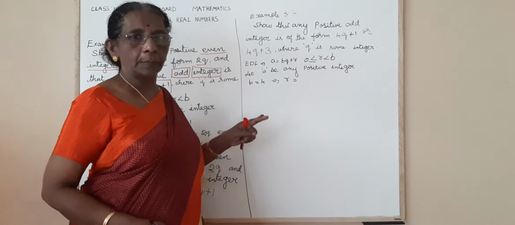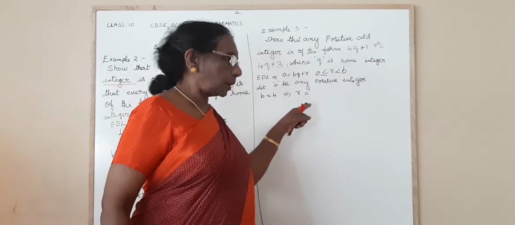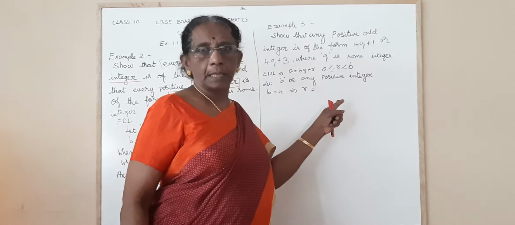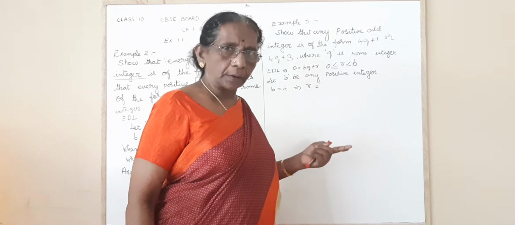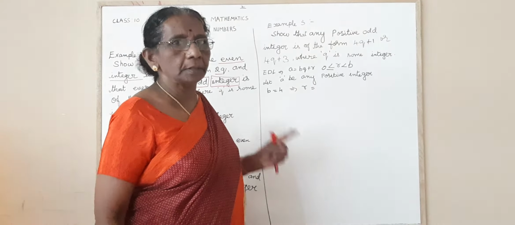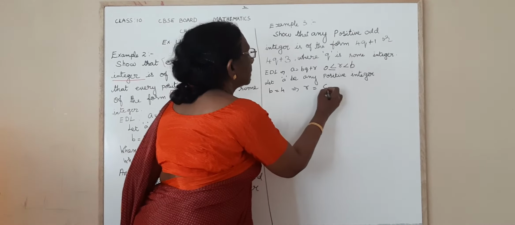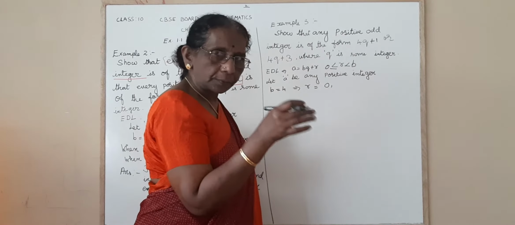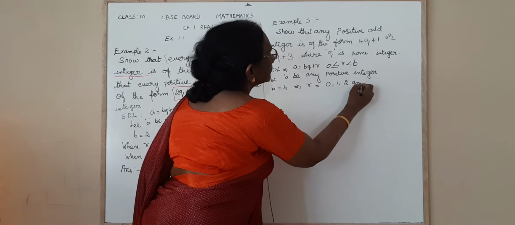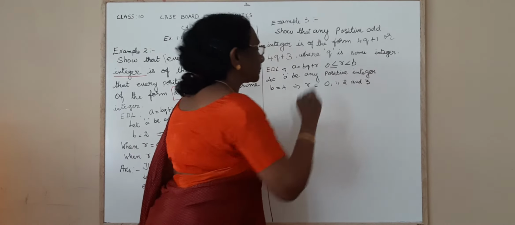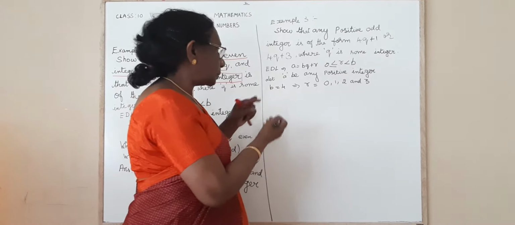What are the possible remainders? r is greater than or equal to 0 but less than 4. So it starts with 0, and the numbers less than 4 are 1, 2 and 3.